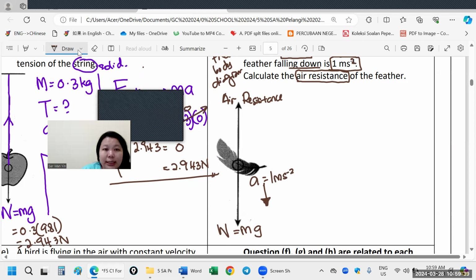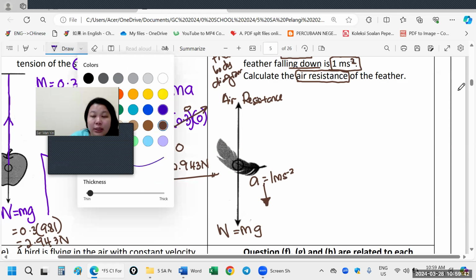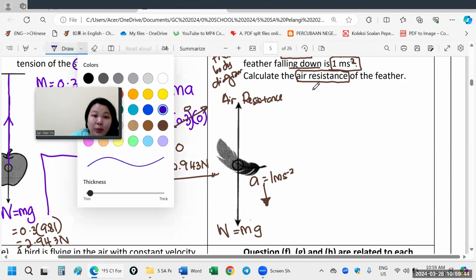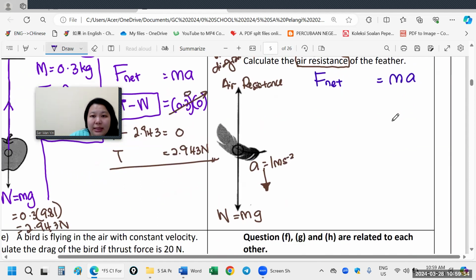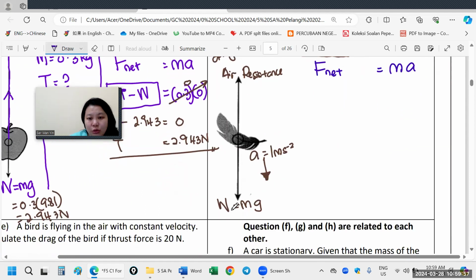So now, let's use a formula. We have force and acceleration. Yes, only one: the net force equals ma. Okay, now mass is 0.02 kg. So we put here 0.02 kg times 9.81, and we will get 0.1962.